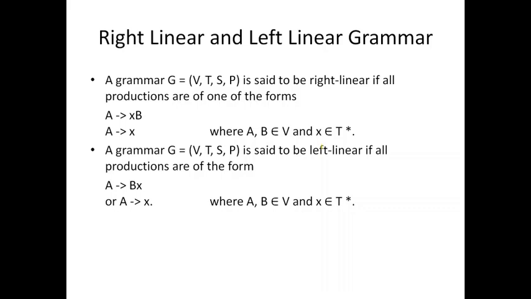Now, there is a special class of linear grammar, which is called right linear grammar as well as left linear grammar. In the case of right linear grammar, the non-terminal on the right hand side, if it appears, will be at the rightmost.